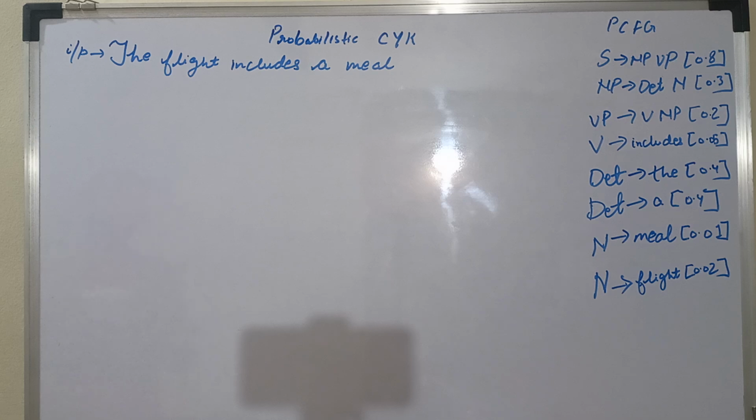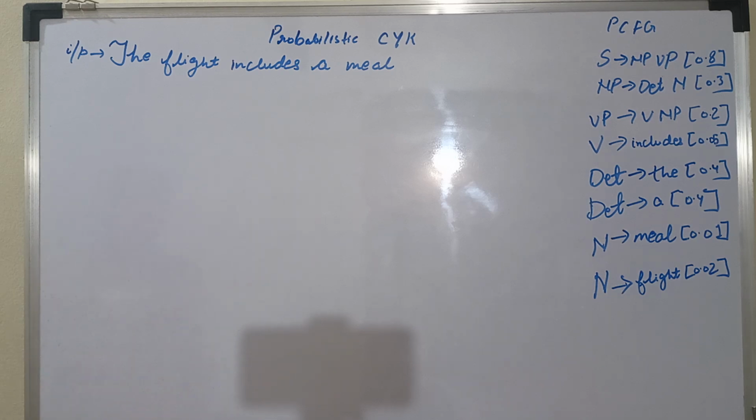But if there are multiple parse trees that can be generated with the help of the grammar, we can choose a tree which is more suitable, and based on the probability, the tree that has the higher probability is the one predicted by the probabilistic CYK algorithm. So first we will see a basic example, and then an example where we have two trees, and we will calculate the probability of the two trees and see which is the better tree for a sentence as per the given grammar.